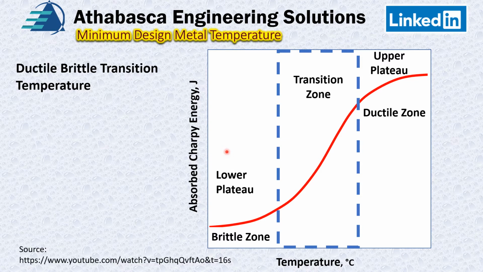If you get into this area, ASME and a lot of codes will request that you do additional Charpy testing to prove that the part has enough ductility to be suitable for the service. It's a very fundamental curve, and it's good to show that.